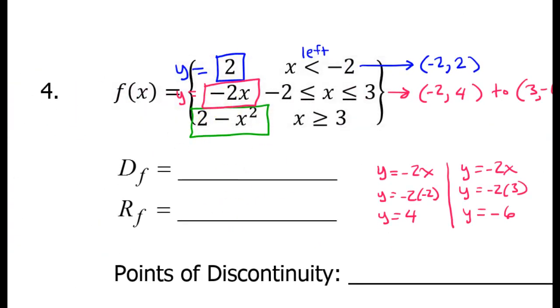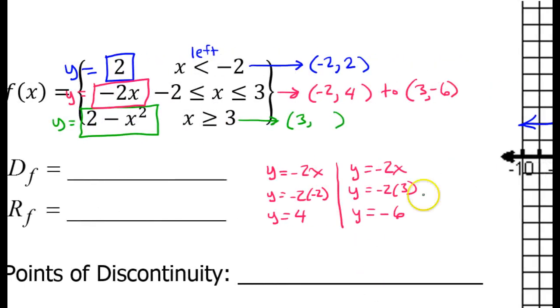So now it's time to graph the green piece of the function. Again, this number in the domain tells me the endpoint. It leads me to the endpoint of this piece of the function. So this is the x value. I still need the y value. So remember, this is y equals this.